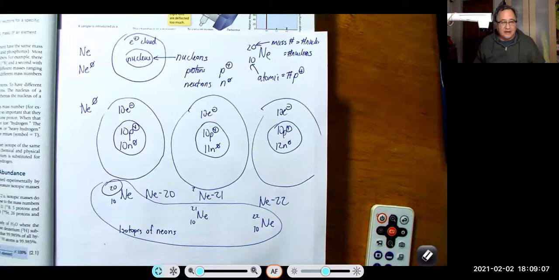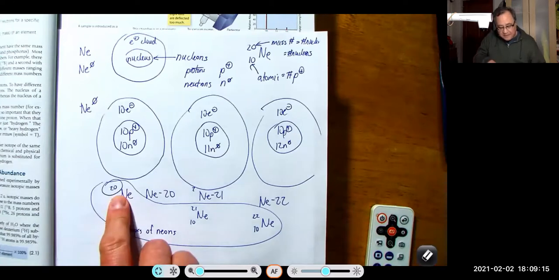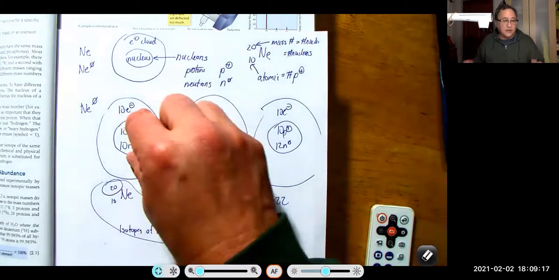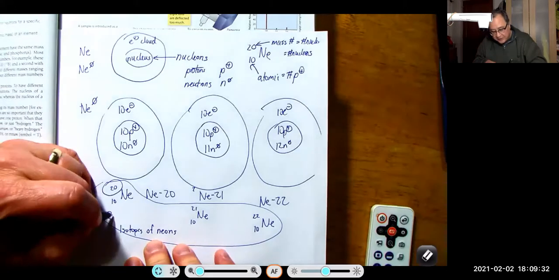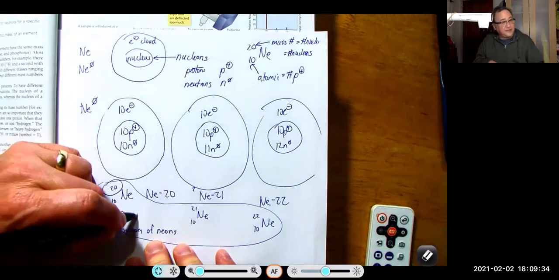Each nucleon weighs 1.00 AMU. So how much does this guy weigh if it's got 20 nucleons? Well, the obvious question is, what about the electrons? The electrons weigh, for all practical purposes, nothing compared to a proton or a neutron. So this guy weighs 20.0 AMU, 3 sig figs.